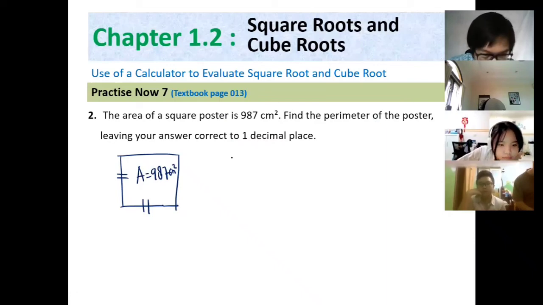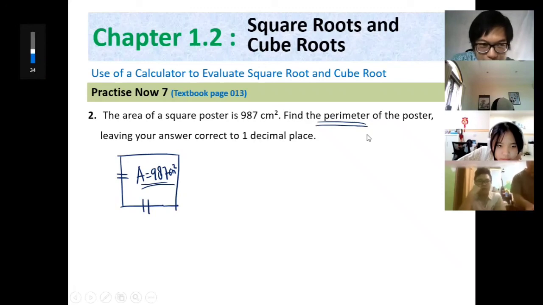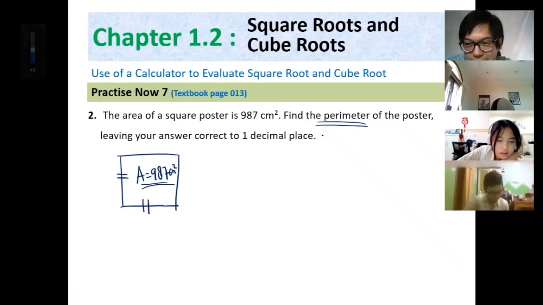To find the perimeter of the poster, you have to achieve one step, or you have to get one clue. What is it? What can you find given the area? Any idea? Kamu nggak bisa langsung cari perimeter kan? Ada yang bisa jawab nggak? Ini harus cari apa dulu?